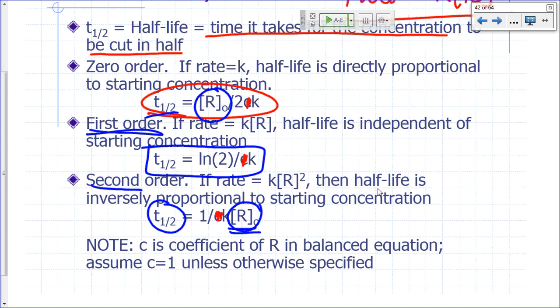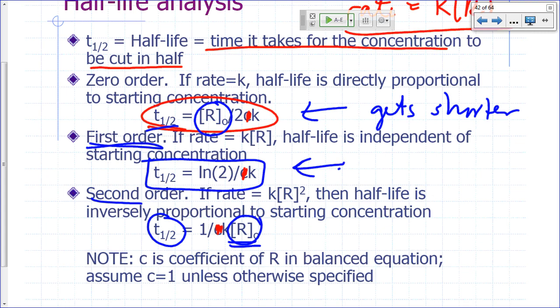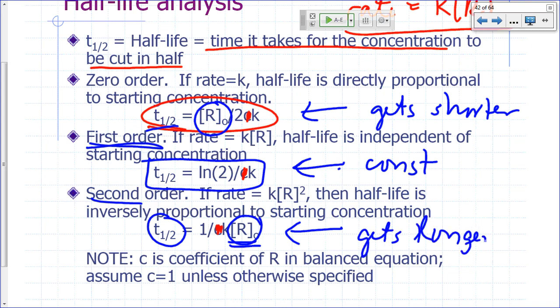So those are the consequences of these rate laws. So for zero order, what happened? It gets shorter, right, as the reaction progresses. If it's first order, it's constant as the reaction progresses. If it's second order, it gets longer as the reaction progresses.